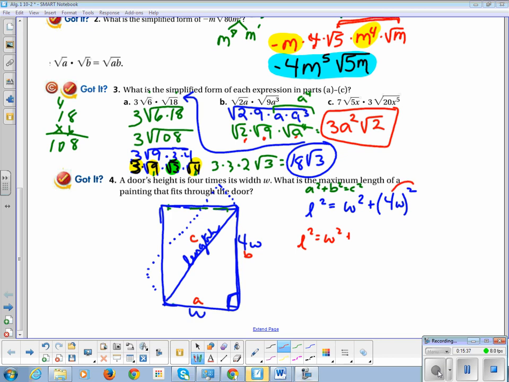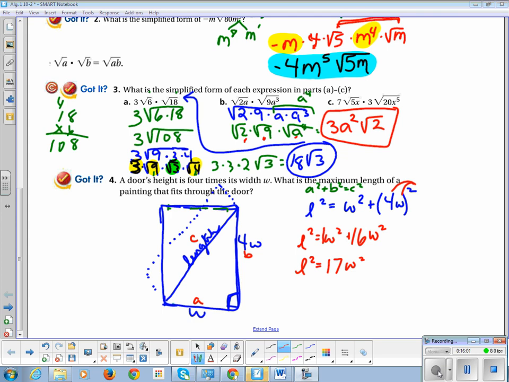This square is going to apply both to the 4 to give us 16 and both to the W to give us W squared. The length squared is equal to 1W squared plus 16W squared, which gives us 17W squared.